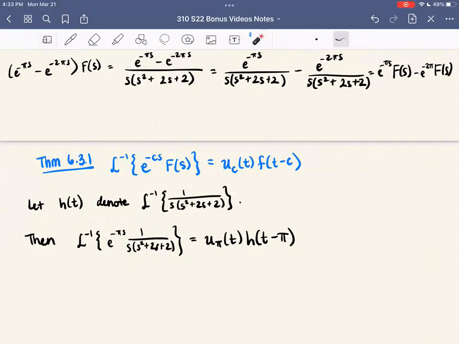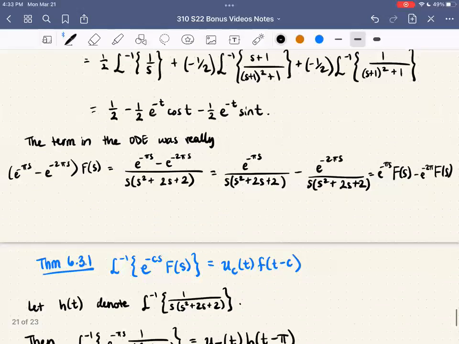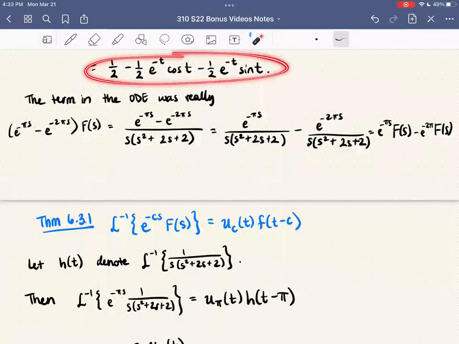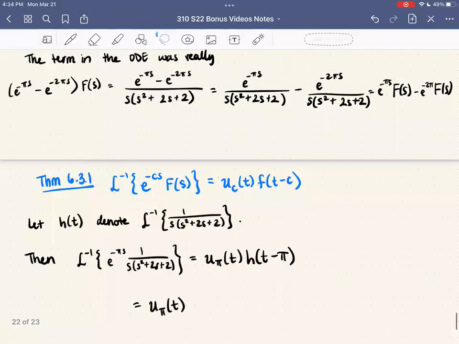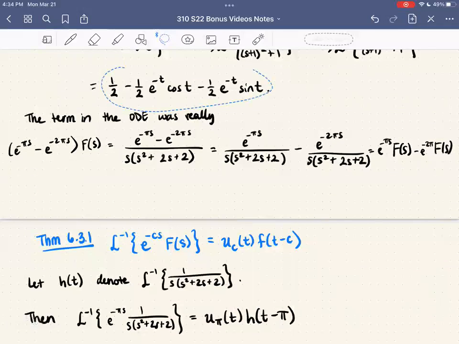Okay, well, that means I need to look at the inverse Laplace transform of h, and wherever I see a t, I'm going to write t minus pi. So this will be u sub pi of t times my inverse Laplace transform, which is right up here. So I'm going to use this function, and wherever I see a t, I'll write t minus pi. I'm actually going to copy and paste this.